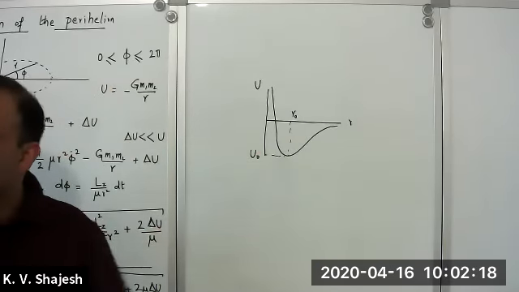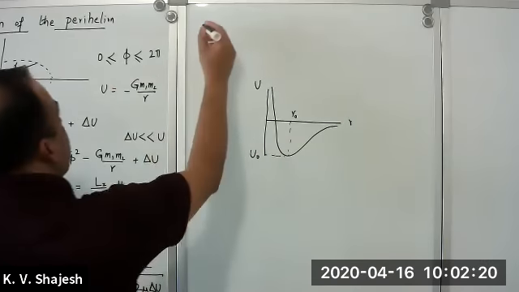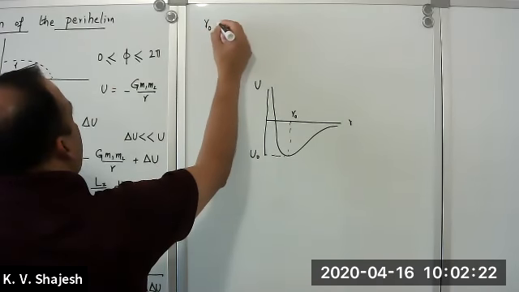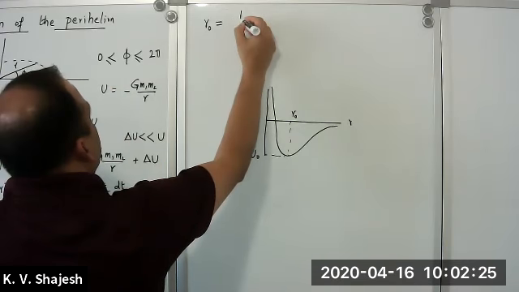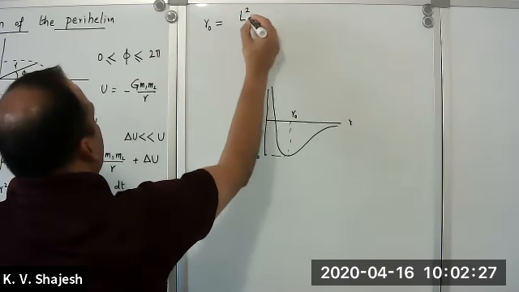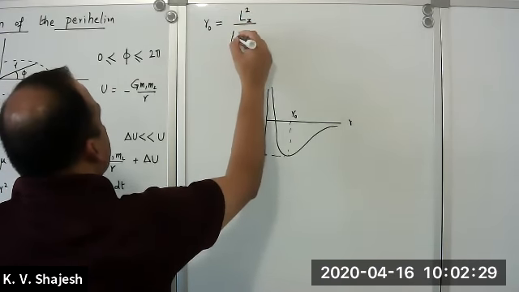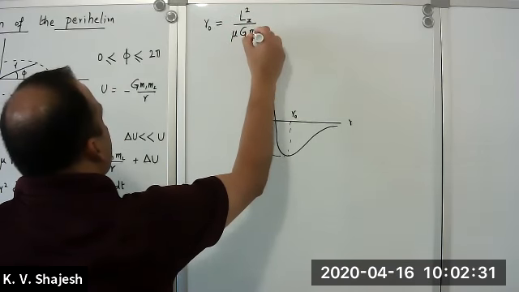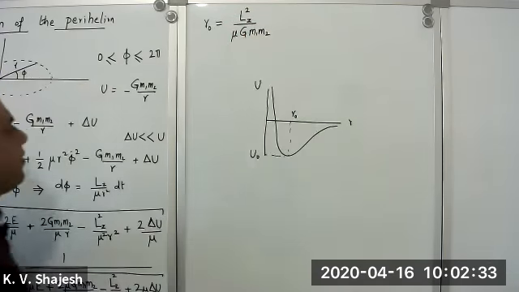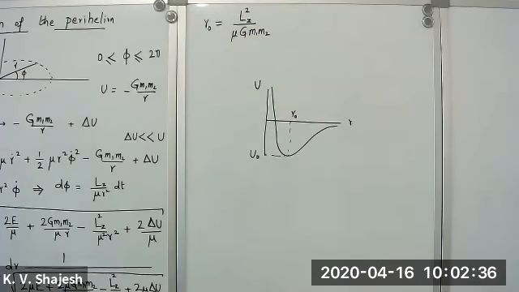Let's call that U naught, right? And we showed that R naught was equal to LZ square over mu times G M1 M2. Correct. I think that was our relation.